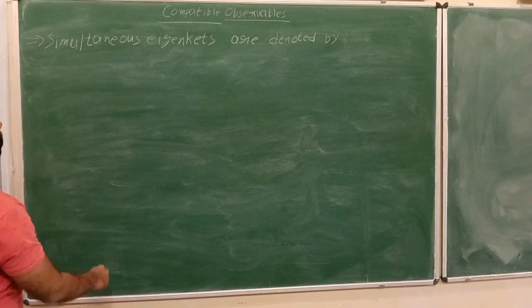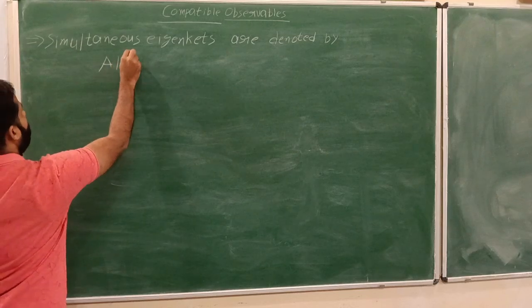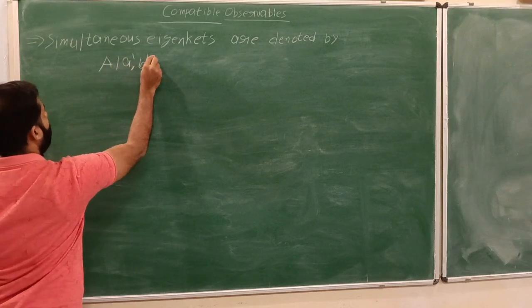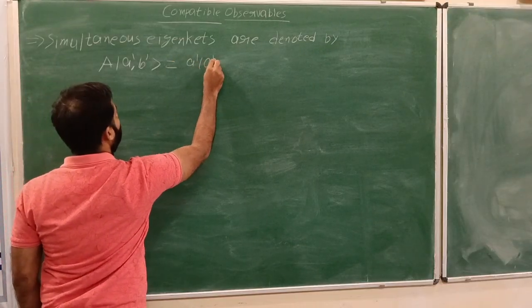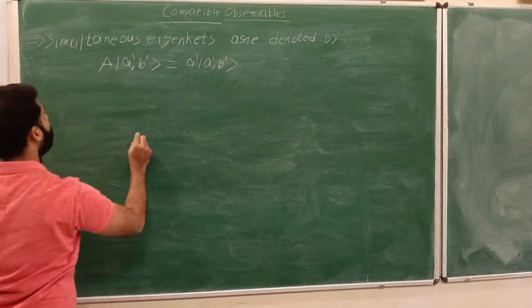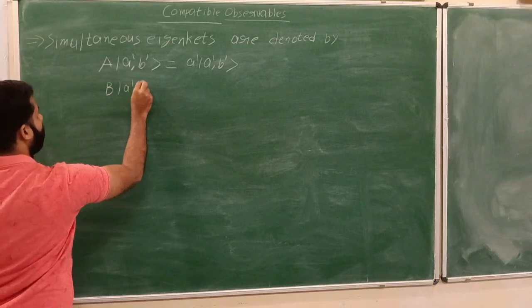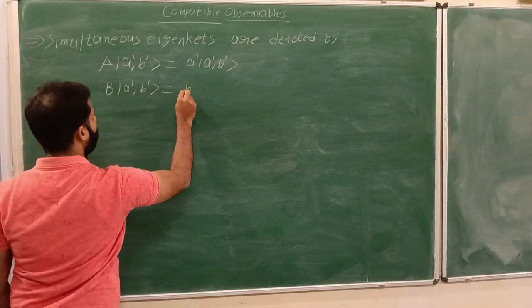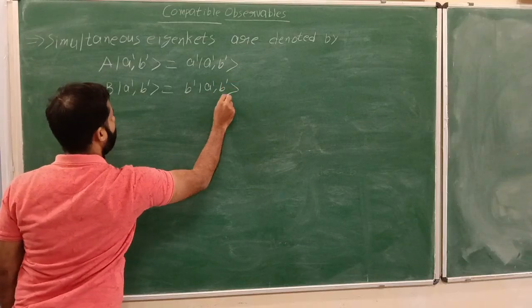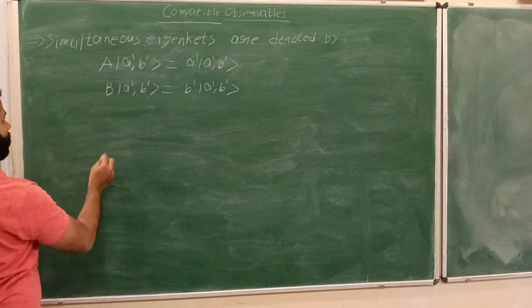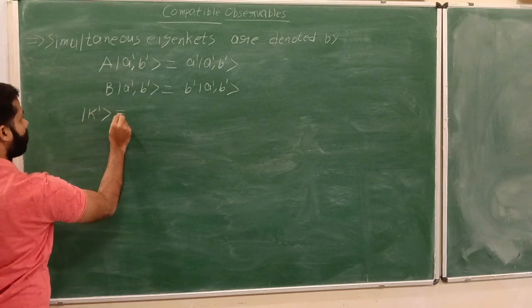How do we denote the simultaneous eigenkets? Sometimes the collective index is also used.